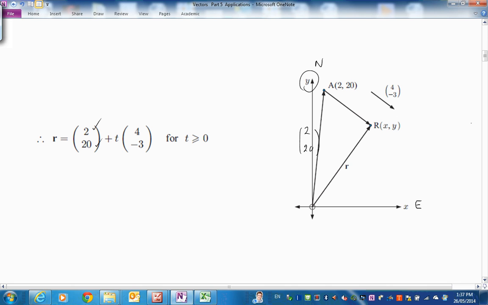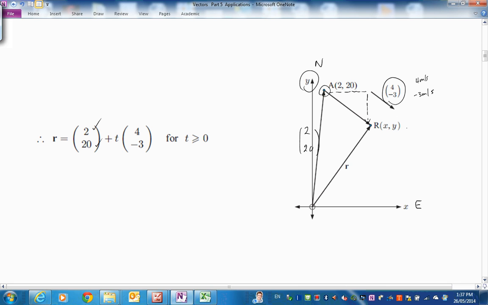So we could say something like that, and then we've got a velocity vector here. Let's say it's 4 metres per second in the x and -3 metres per second in the y. So what that means is from point A, every second that goes by, we're going to go across 4 and down 3.